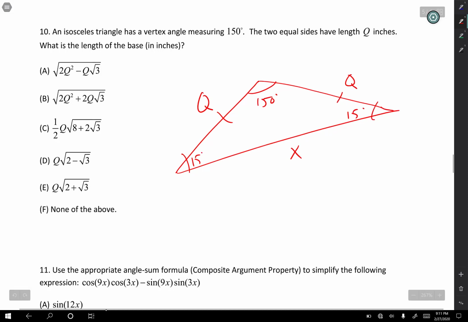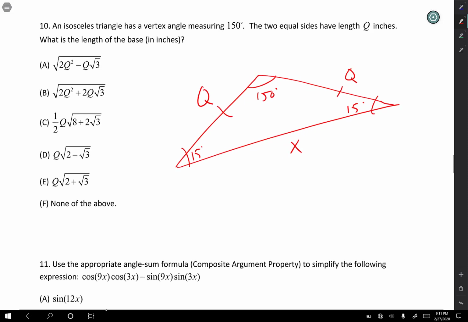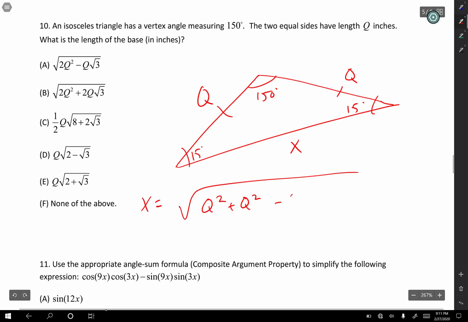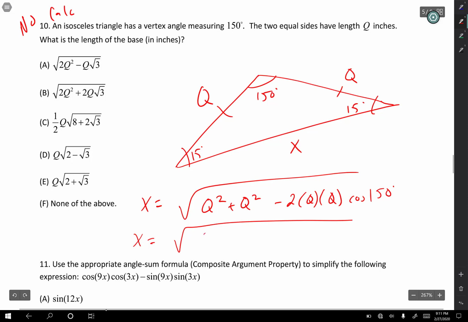Just the law of cosines. x equals the square root of q squared plus q squared minus 2 times q times q cosine of 150 degrees. And there's another one with no calculator, guys, so you can see a theme here. Now I have 2q squared minus 2q squared times cosine of 150 degrees, which is negative square root of 3 over 2 from the unit circle.